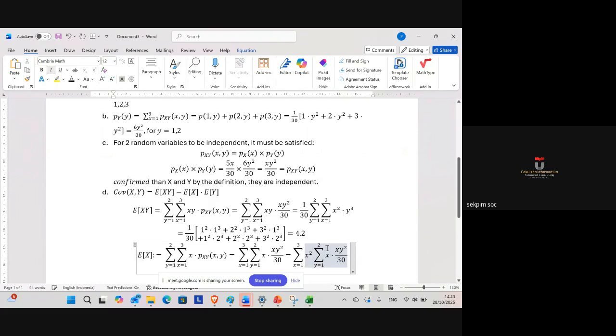X squared comes from this one, but we need to delete this because we take it out here. And this one is y squared over 30, and we also take 1 over 30 out from both sums here. So we get 1 over 30, right?